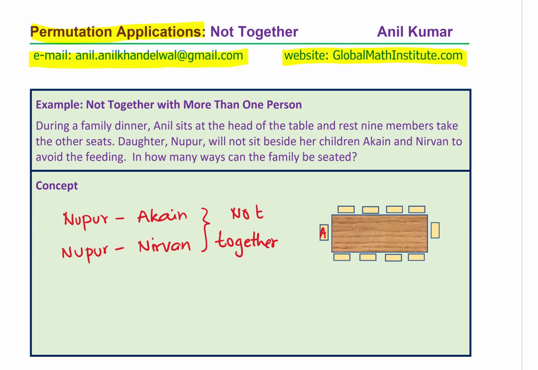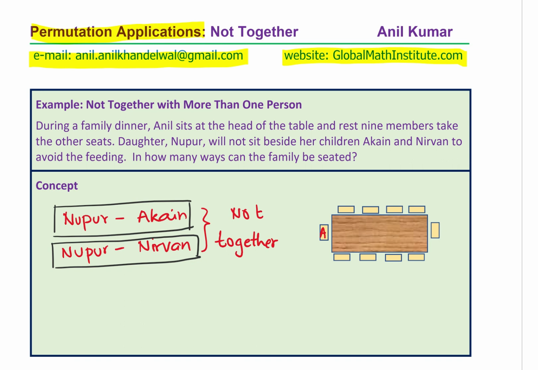When you solve such a question, we have to keep a few things in mind. The best way is that we can do it by cases. We can consider case one, that Nupur and Akain are together, and then use the complement to answer the question. And then we can take the other case where Nupur and Nirvan are together, and then we take away those together so that we are left with conditions where they are not together.